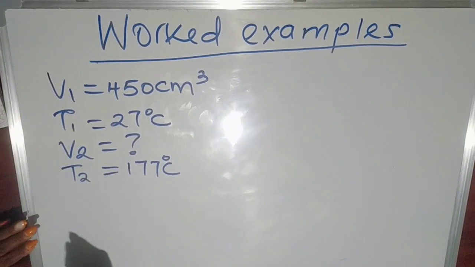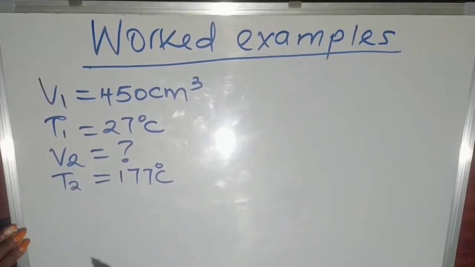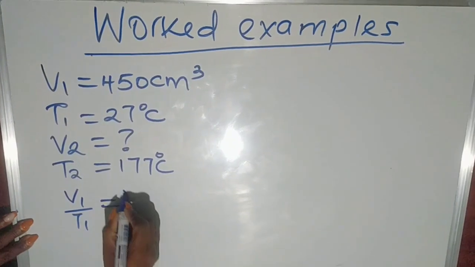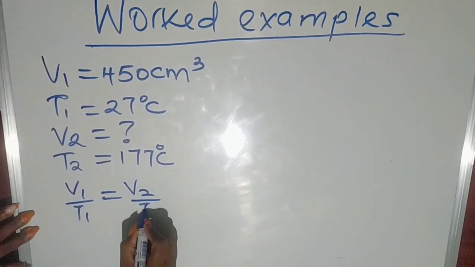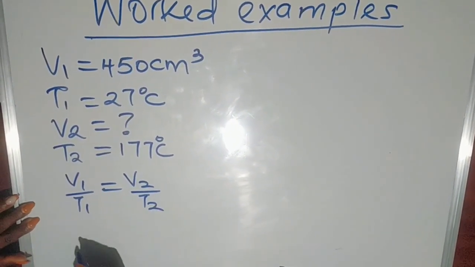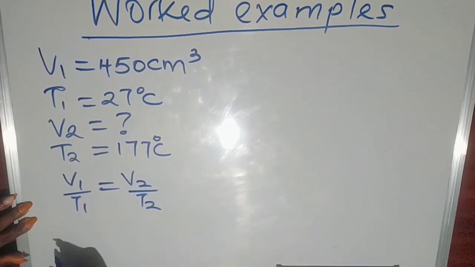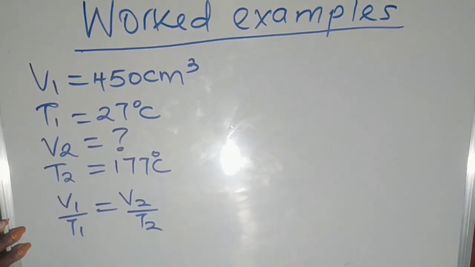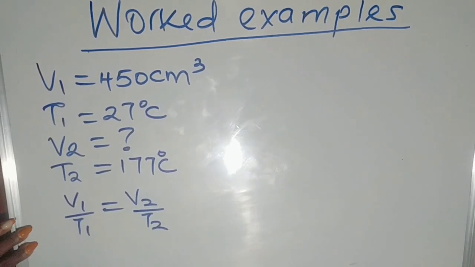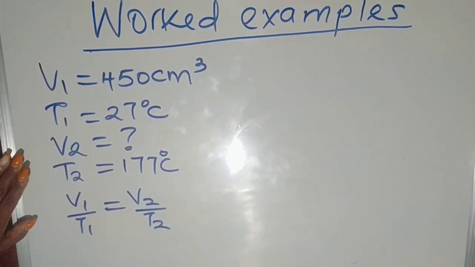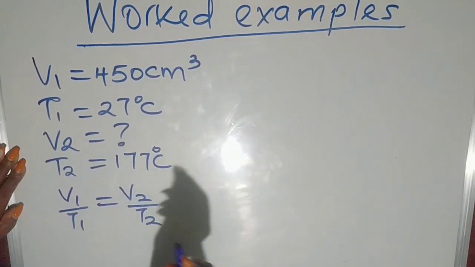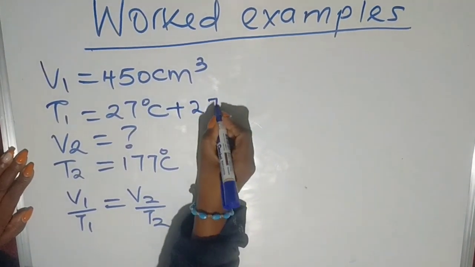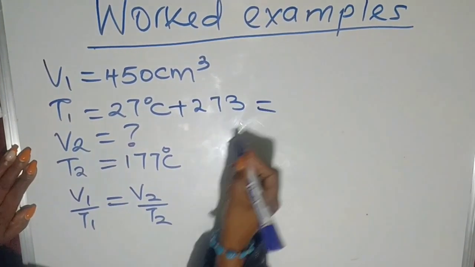So we are going to say, according to Charles' law, V1 over T1 is equal to V2 over T2. But remember, we said volume is directly proportional to the absolute temperature. So we are going to change our temperature from degrees Celsius to degrees Kelvin, and we do so by adding 273.